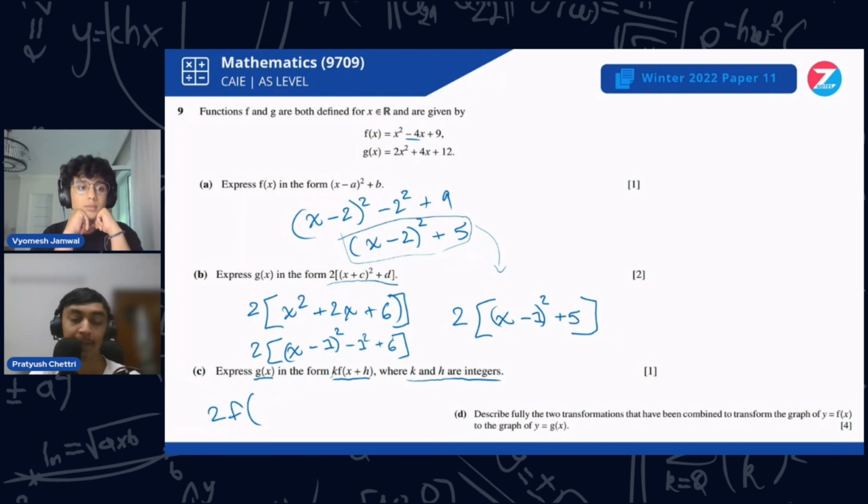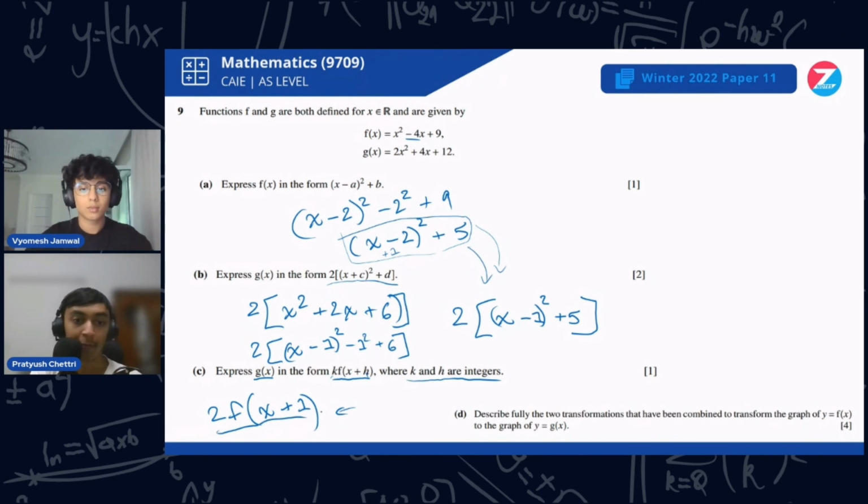That's what k is. And what's h, you might ask? Well, we have to turn this x plus 2 into x plus 1. So we just add on a little 1 inside the x area. And that gives us x plus 1. So that's our integer. We've turned this into this.